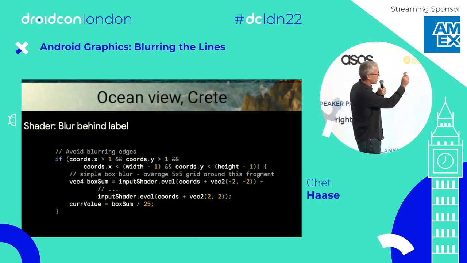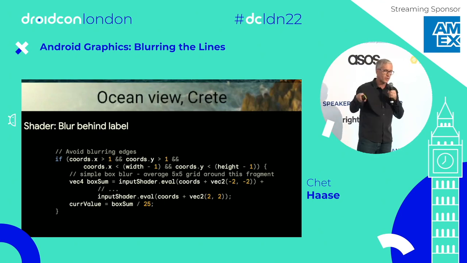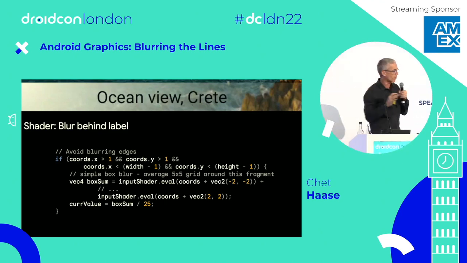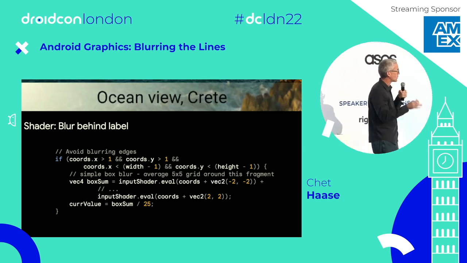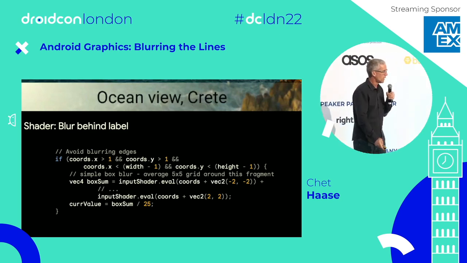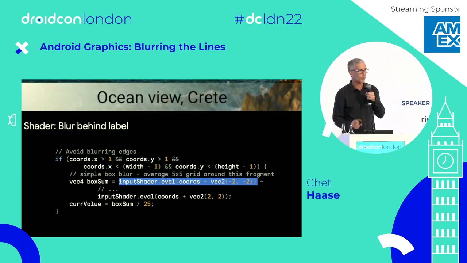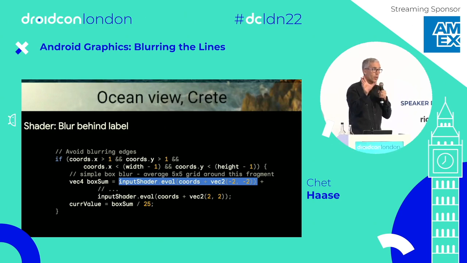So first of all, there's a little bit of conditional logic out there. It turns out if you do a blur on the edges of things, things get a little bit funky, because then they're looking at values outside the area you're looking at, and I didn't want to deal with that. So I just said, okay, make sure we're inside the area. And then we're going to do a couple of things. First is that we're going to do a simple box blur effect, which goes out and samples all the pixels to some radius around where we're at and just averages them.